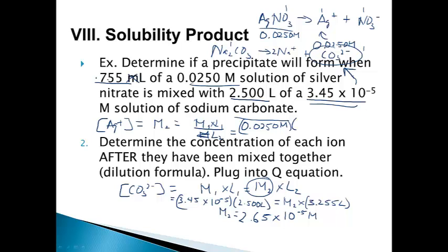L1, we want to use it in liters, so it's going to be 0.755 liters, and divide by the total volume, which is the same as down there, 3.255 liters. And that'll come out to be 5.80 times 10 to the negative third molar. So that's our new Ag+, that's our new CO3 2- concentration.